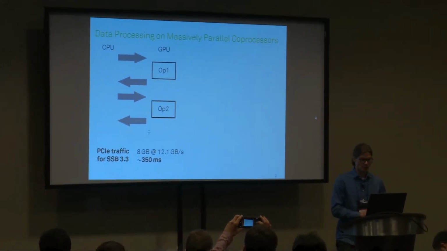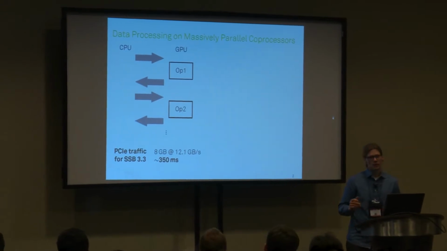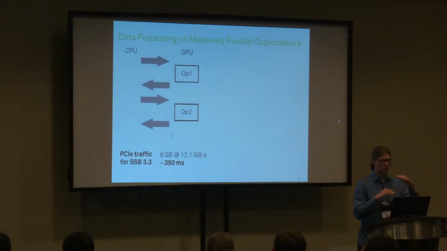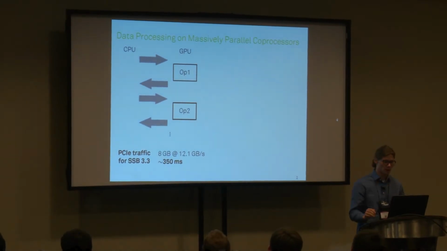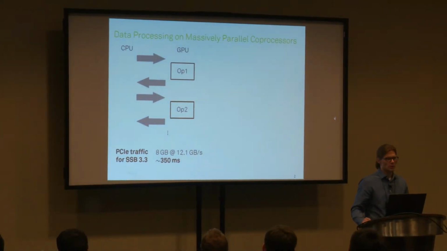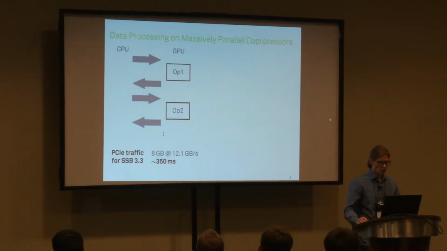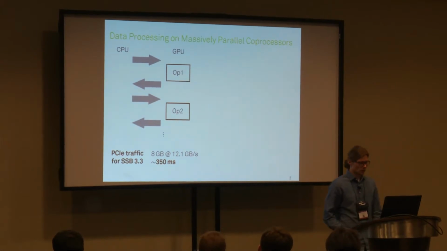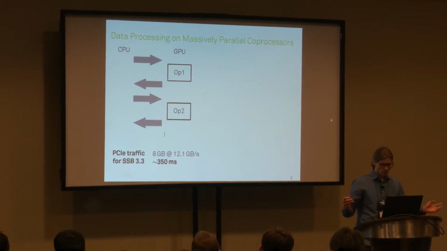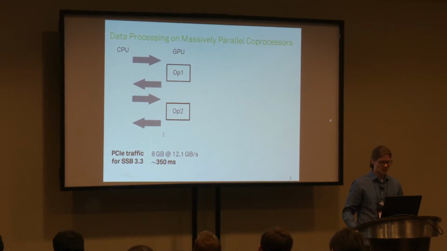Operators here are usually sub-operators, because relational operators consist of multiple steps, and each of these steps is implemented in state-of-the-art systems with separate I/O, leading to a big amount of PCIe traffic, because that's the channel for communication.